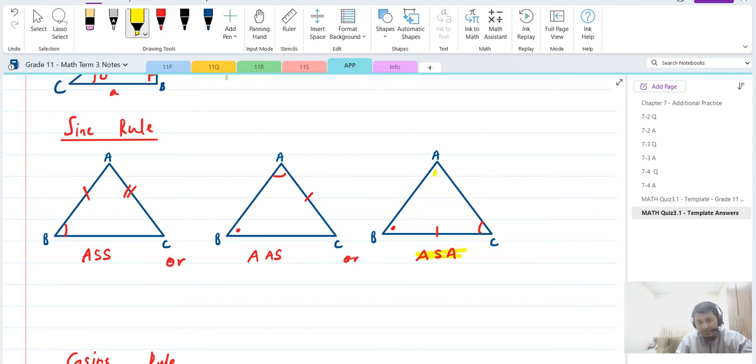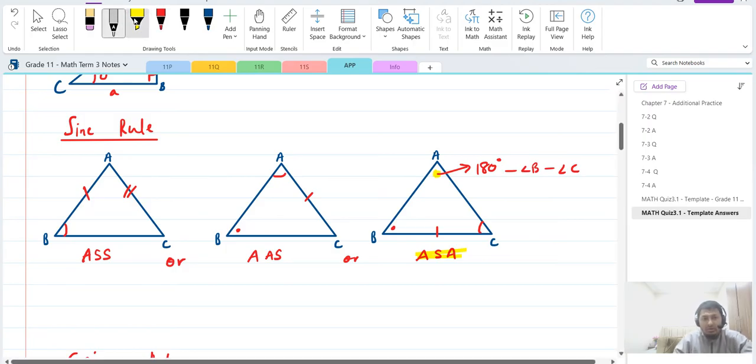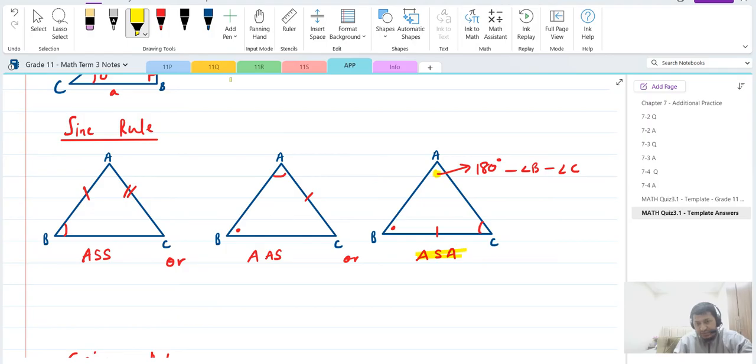Of course you can find this angle because you know the sum of angles of a triangle is 180. So to find angle A, you can just say 180 degrees minus angle B minus angle C. So you can get the third angle. Usually in angle, side, angle, we always need to calculate the third angle. Why? Because the opposite side is given, we need the opposite angle as well.